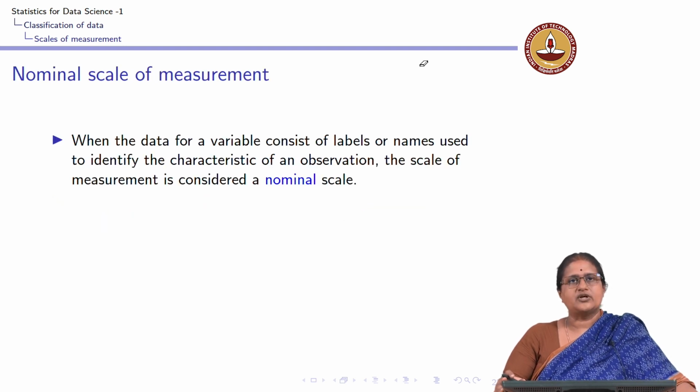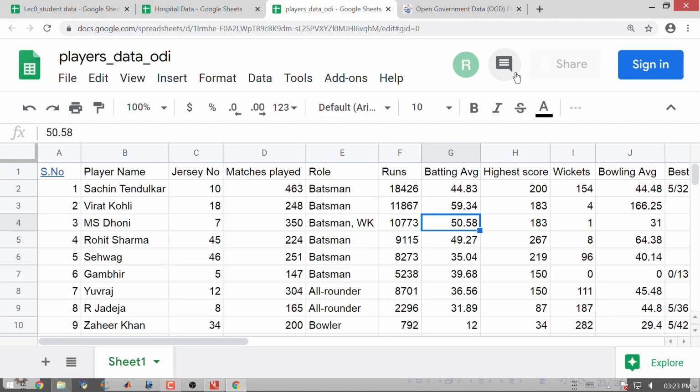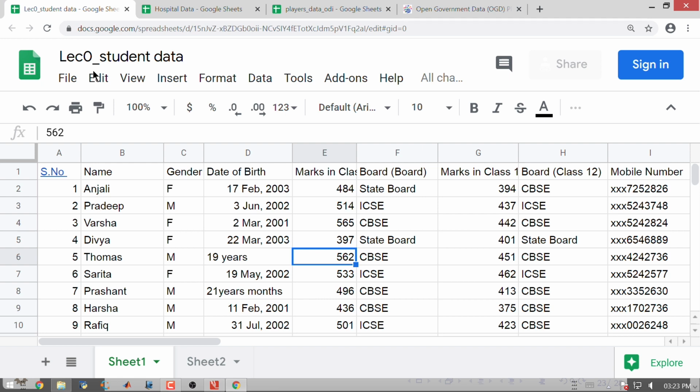We start with the nominal scale. When the data consists of labels or names, the scale of measurement is considered a nominal scale. Again, let us go back to our example. You can see in the first example, I have name, which is evidently a nominal scale because it is only names. Okay.